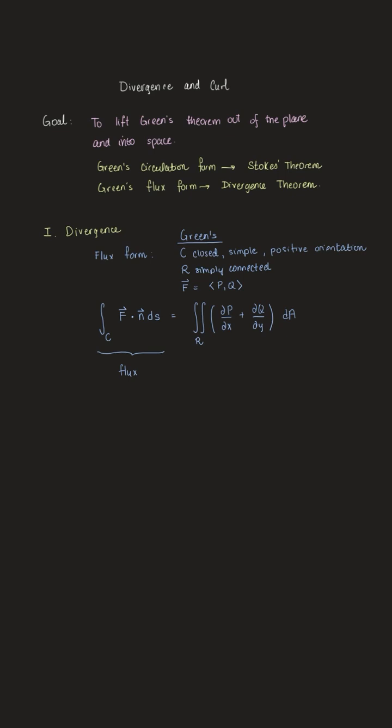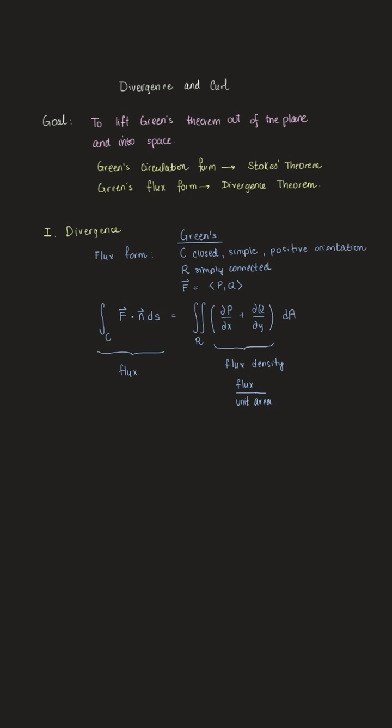And on the right side, the quantity that we're going to focus on right now, this piece, del P over del x plus del Q over del y, means flux density. In this context, this represents, for example, flux per unit area, but really we're letting that area become arbitrarily small, infinitesimally small.